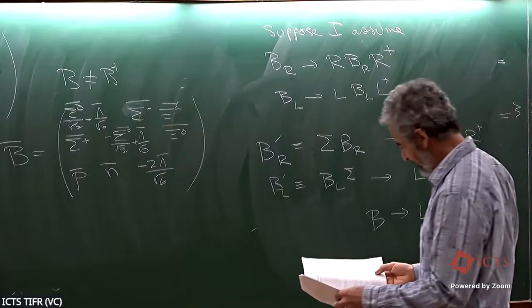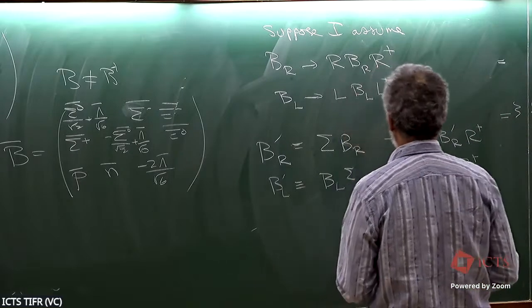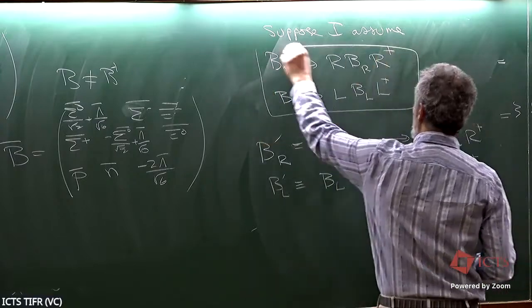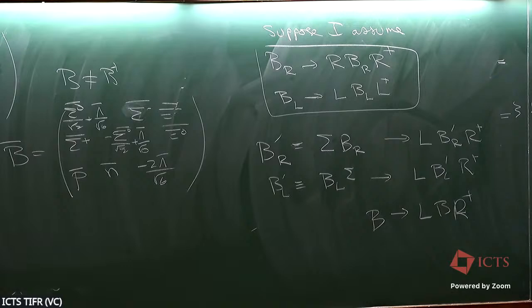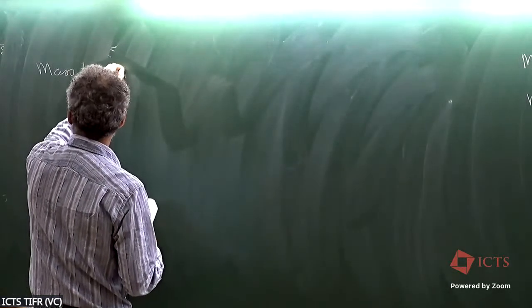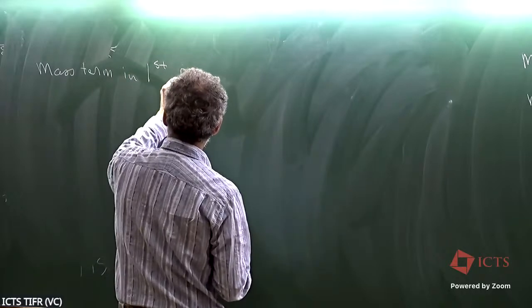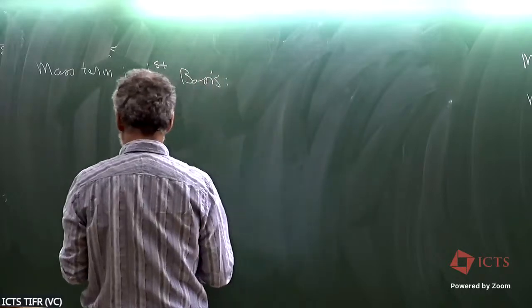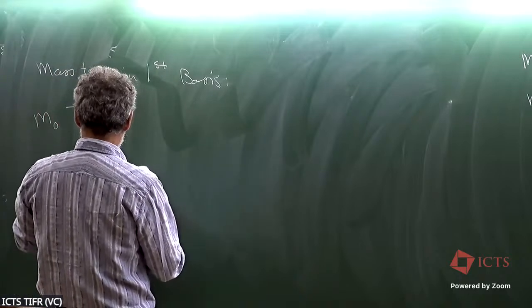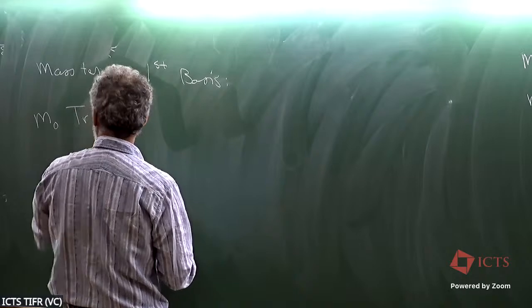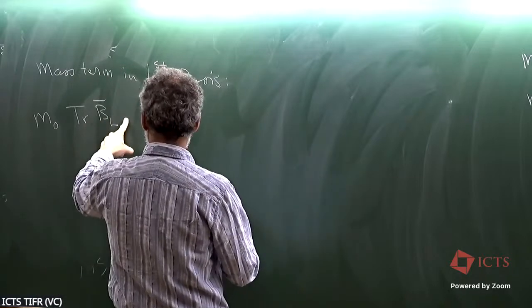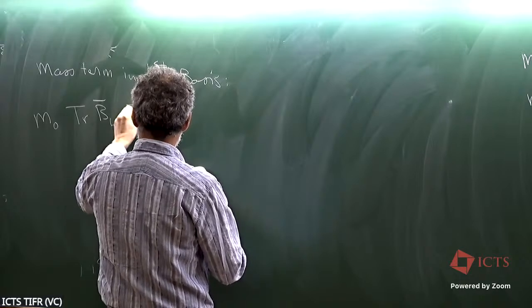Let's go back for a moment to this one here. We could write a mass term like M naught times trace E left bar. That has an L and an L dagger. And then we put a sigma.